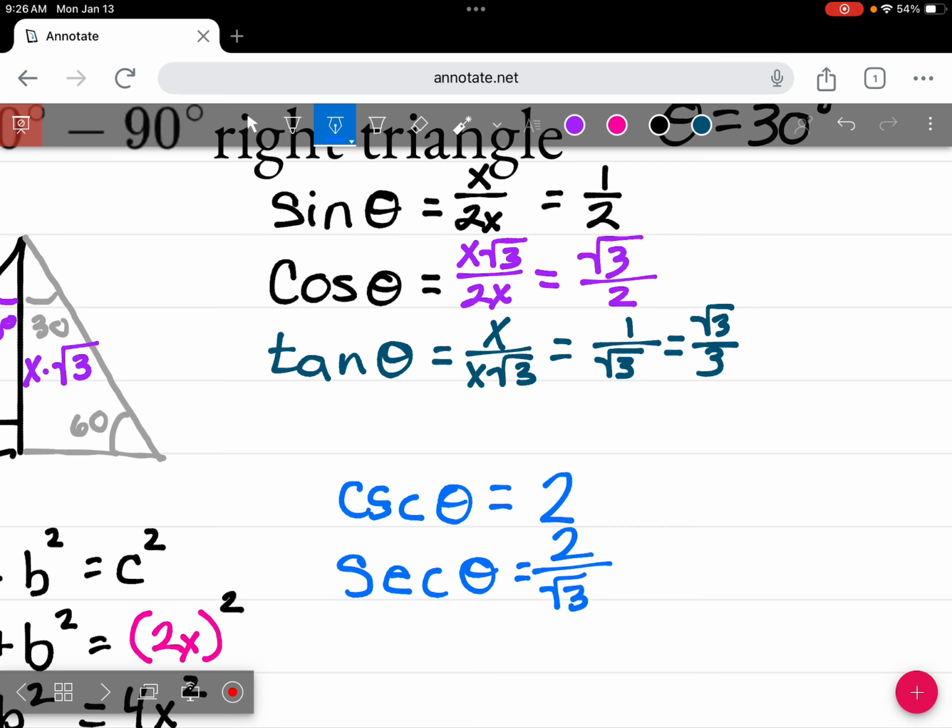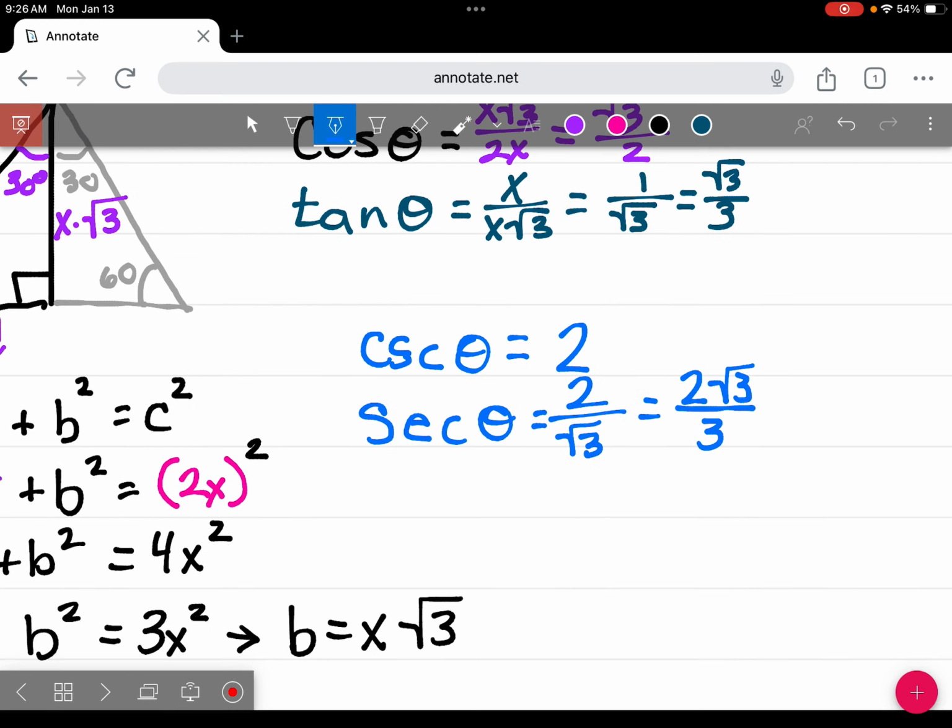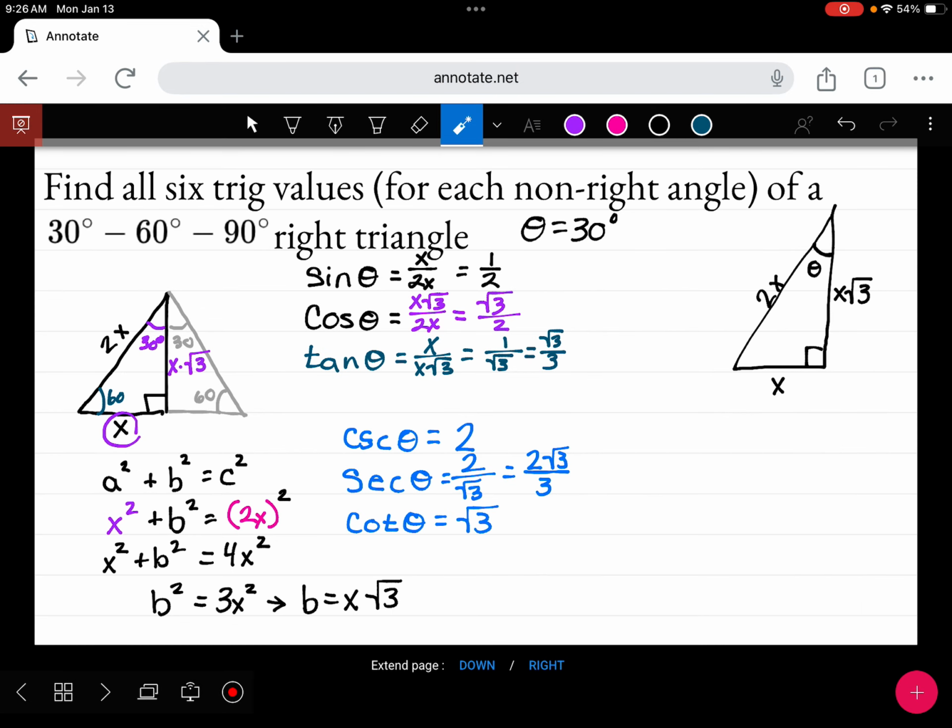We'll need to rationalize that, and that's going to be 2 square root of 3 over 3. And then our cotangent is just going to be square root of 3. If we take our reciprocal right here, it makes it easier so we don't have to do the recalculation. We did a whole lot right there. Questions on that one?